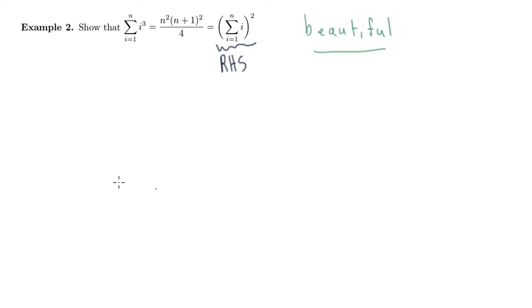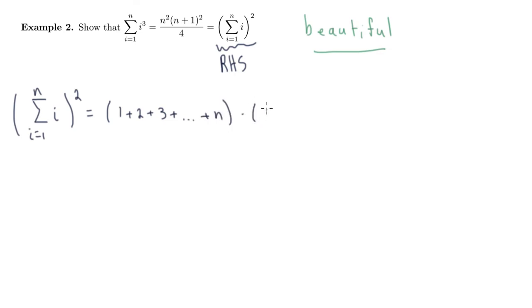Okay, so the sum i equals 1 to n of i squared, and I'm going to write it out, actually out of sigma notation, so I can really show you what's going on.